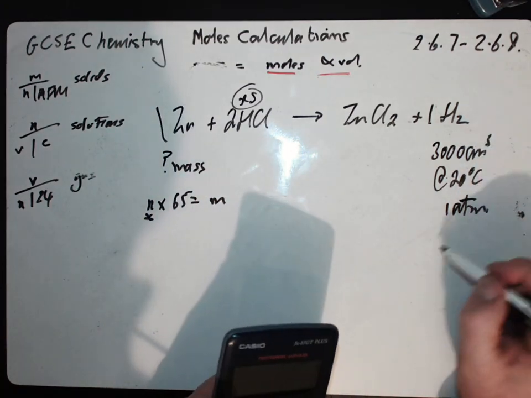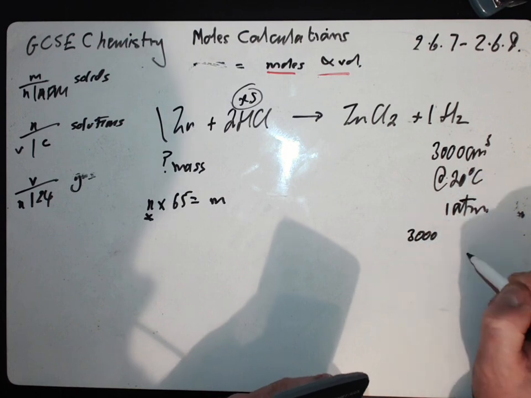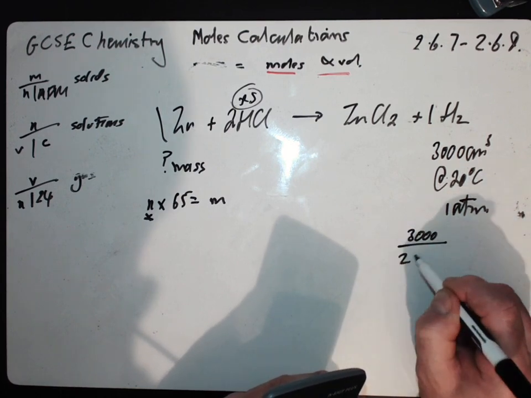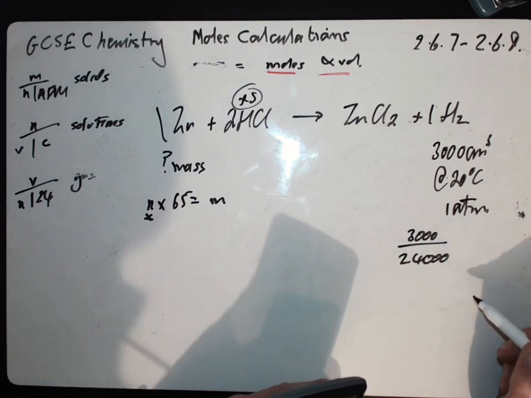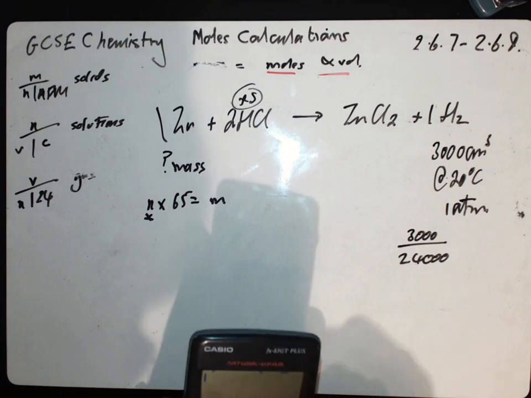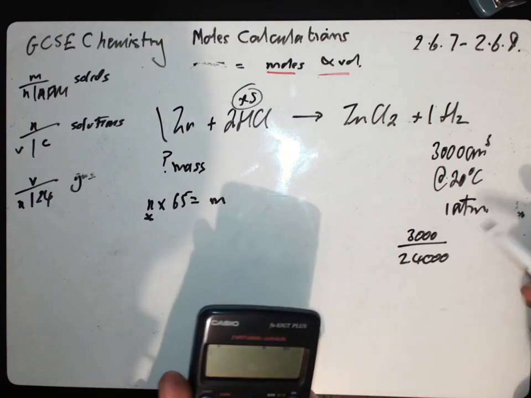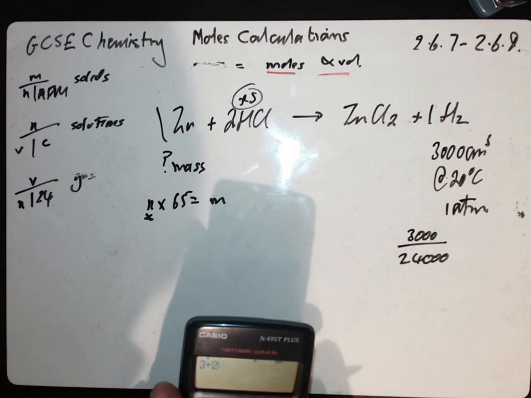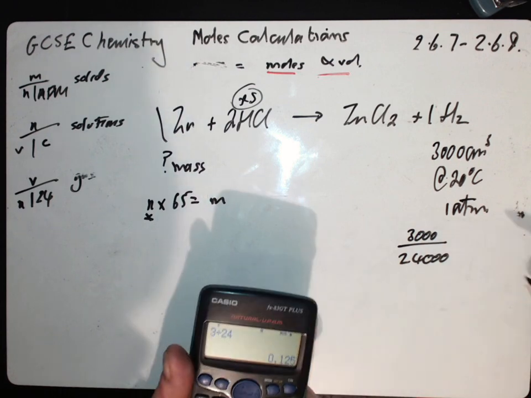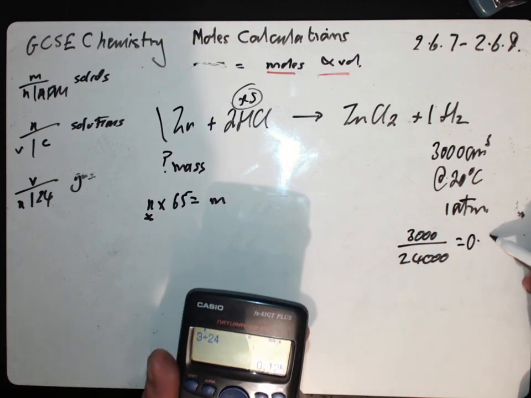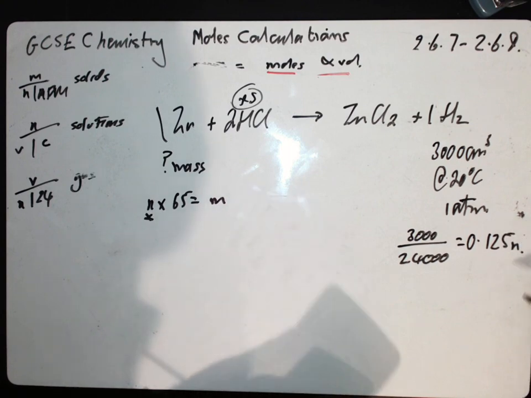I can get moles from over here by taking my 3,000 and dividing by, now I need to be careful and remember to divide by 24,000, not by 24, because I've got cubic centimeters at the top. I've got to have cubic centimeters on the bottom, of course, and that gives me 0.125 moles of that.